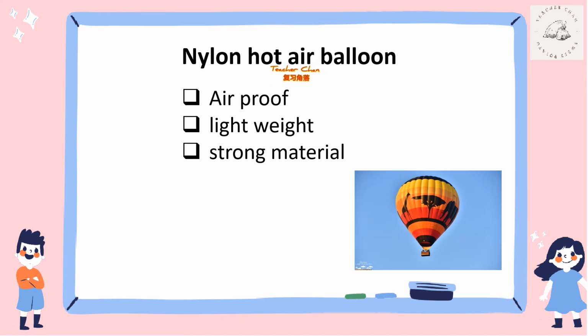Nylon hot air balloon. The material to build the hot air balloon, we can write nylon due to 3 reasons. The first one is air-proof, so that the helium gas does not easily diffuse out from the hot air balloon.